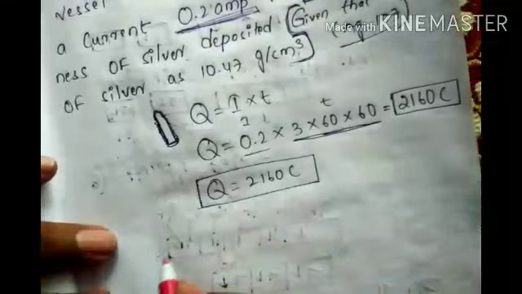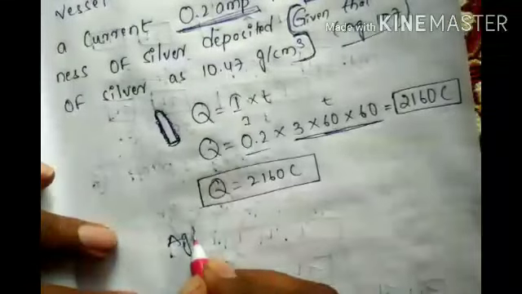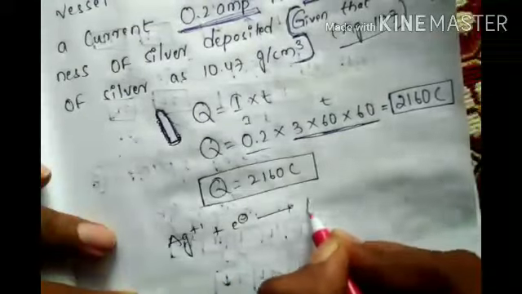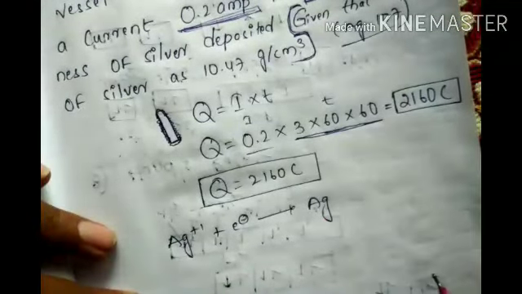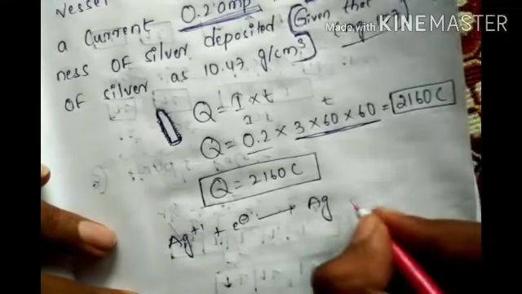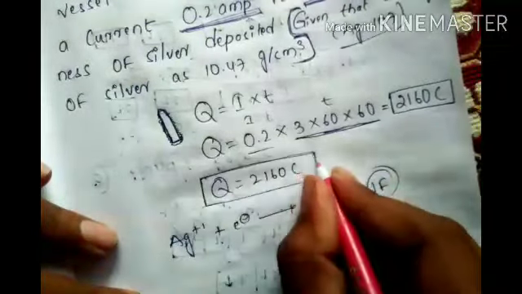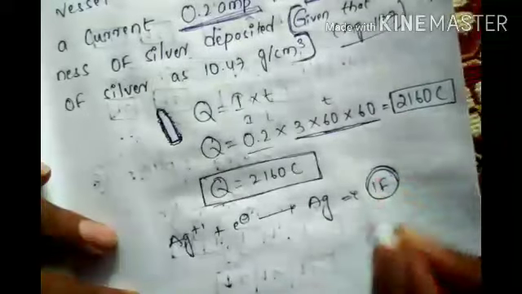Now for Ag silver, what will happen? Ag+ takes one electron and forms Ag. So 1 electron is gained here, so 1F. That also is completed, the quantity of electricity is completed.